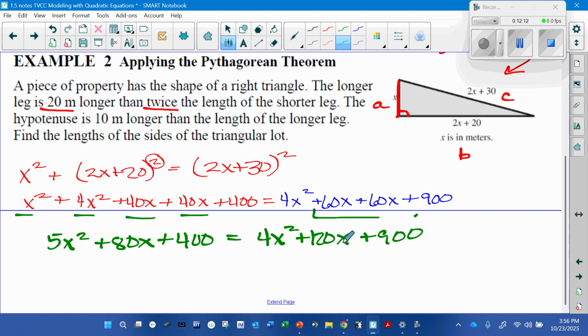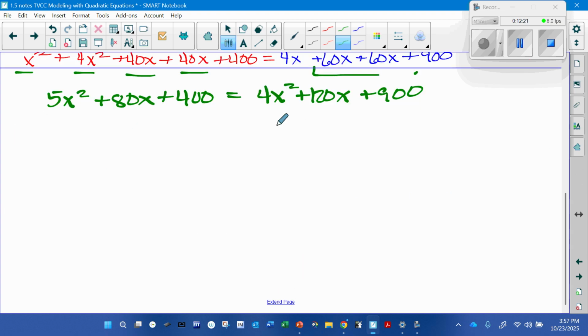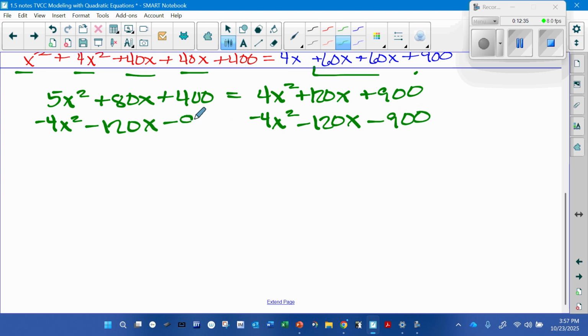So I'm going to move everything on the right over to the left so that it's equal to 0, so that I can do just like the last problem where we factor it out. So I'm going to subtract the 4x squared, subtract the 120x, and subtract the 900.